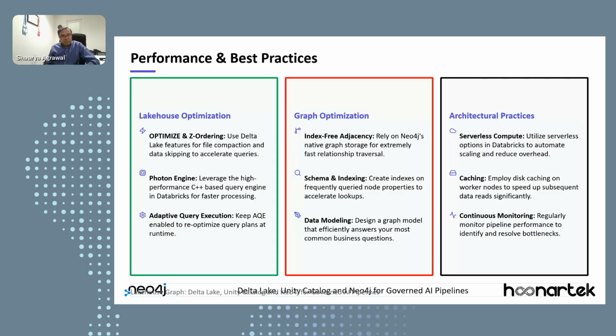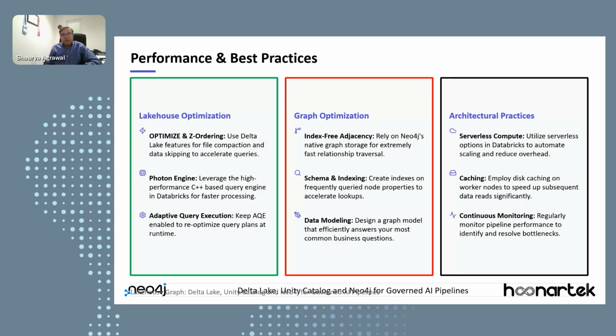On Lakehouse, there's a new engine called the Photon engine that is built on C++. Earlier it was not the default engine in Databricks, so some of the old customers continue to use the old technologies. And now it's always encouraged to use the Photon engine on Lakehouse or Databricks.